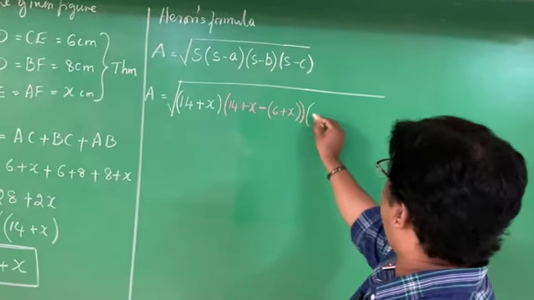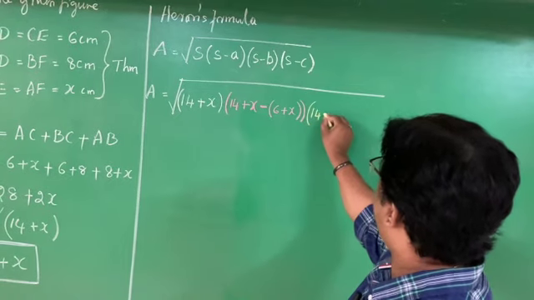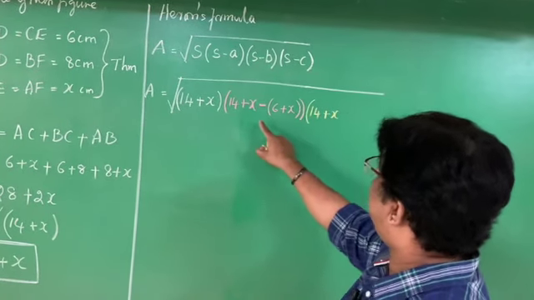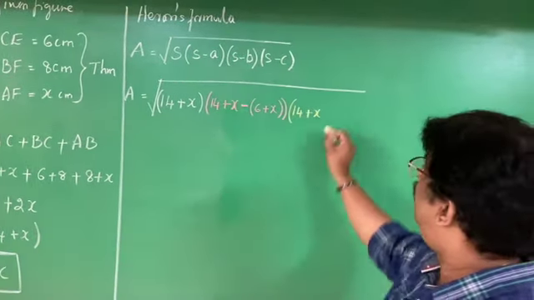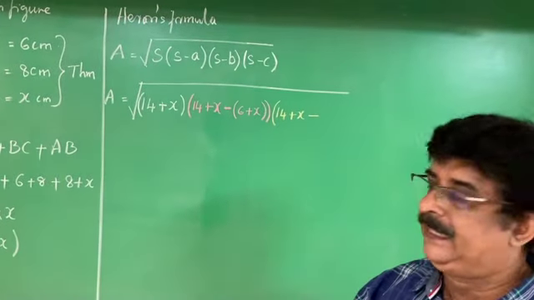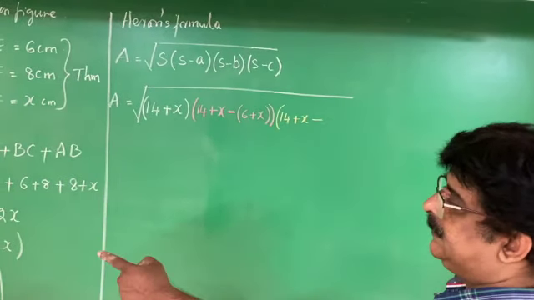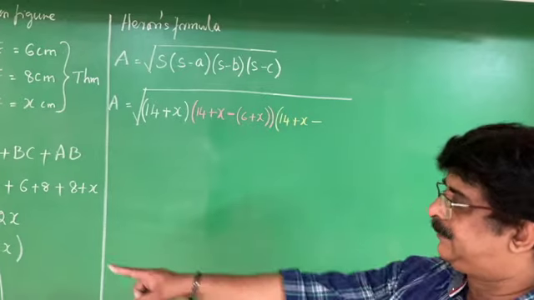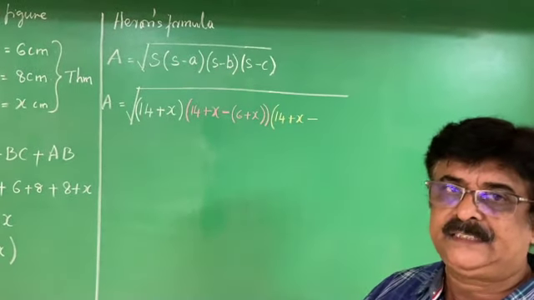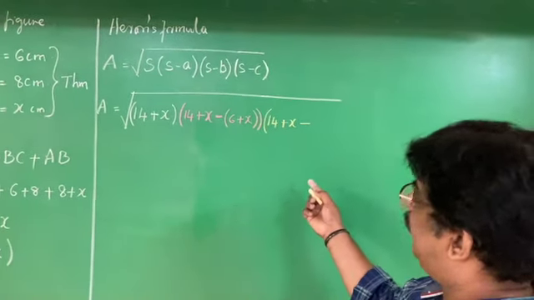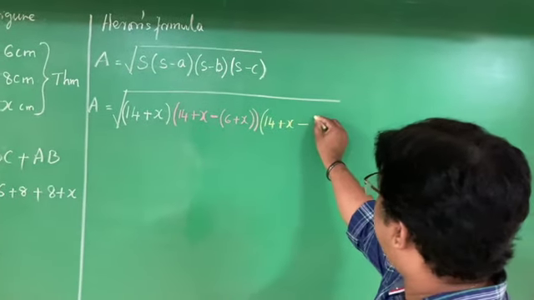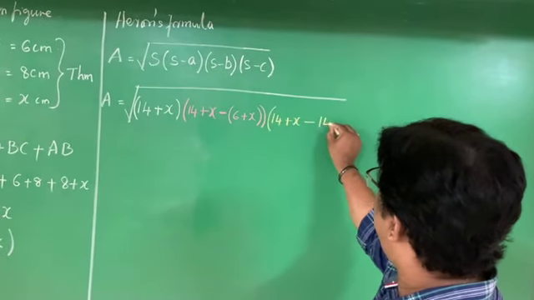The next one is S minus b, that is 14 plus x minus b.